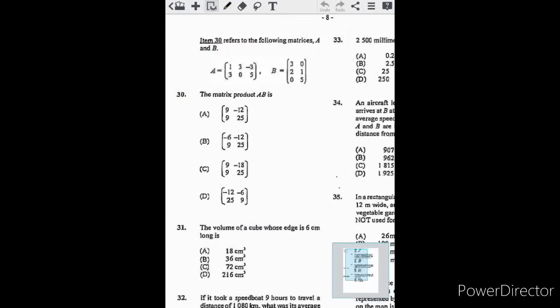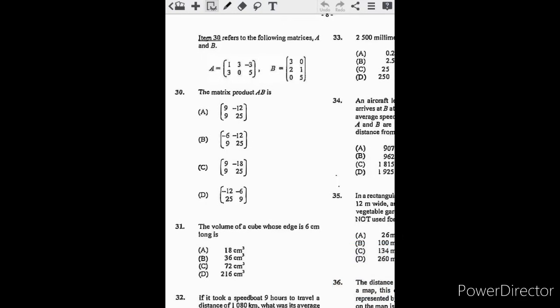Item 30 refers to the following matrices A and B. We have A is equal to first row 1, 3, negative 3, and second row 3, 0, 5, and B is equal to 3, 2, 0, 0, 1, 5. The matrix product AB is, so we're going to work this on a different paper because we need the space.